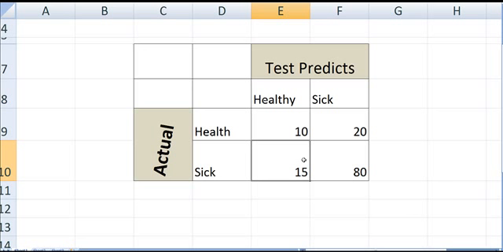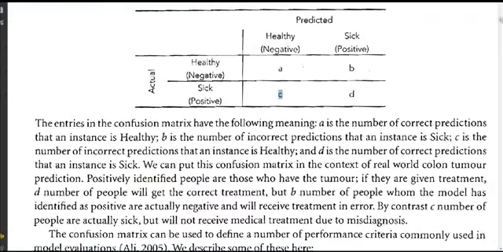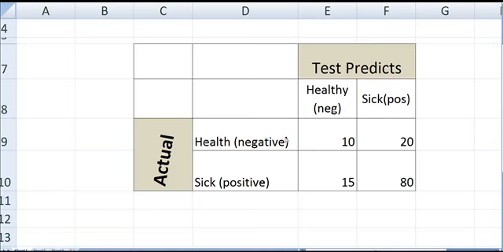So we want to distinguish between these different kinds of errors. So this one, remember, was called negative, and this one was called positive. So this one is negative and positive, negative and positive, right? That's the way we named them.